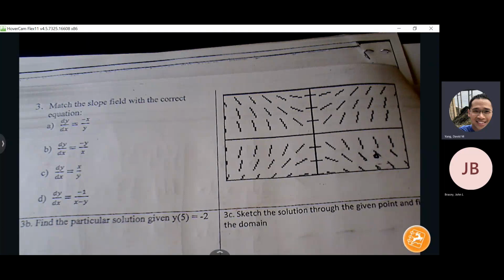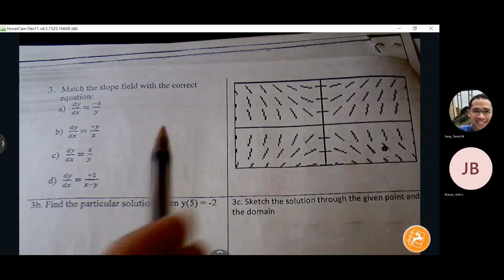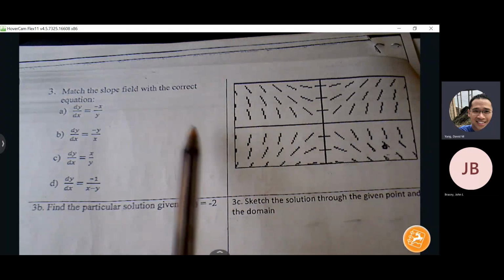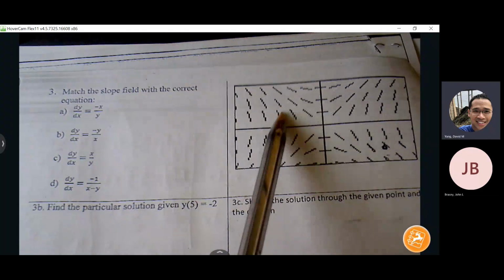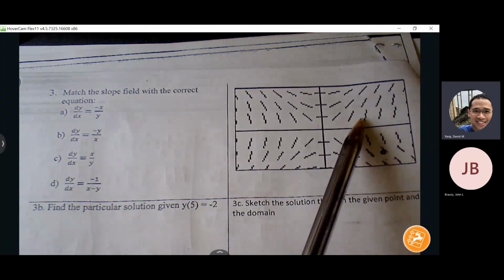Okay, matching slope field. When we're trying to match slope fields, there are 4 categories that we like to look for, because there are only certain things we can tell. We don't know exactly what the slopes of these values are.